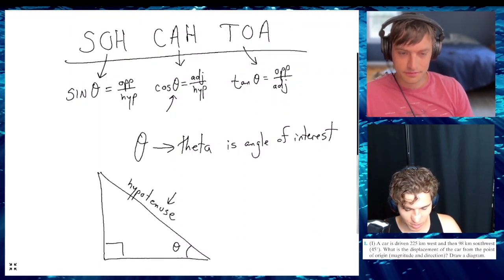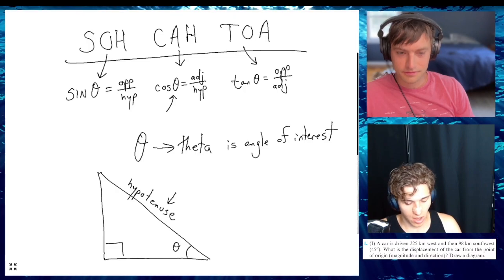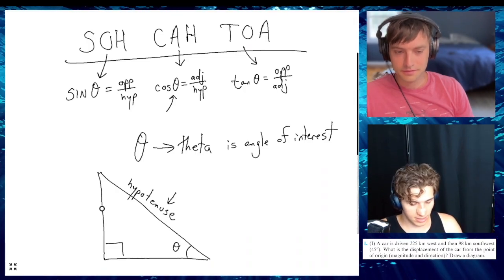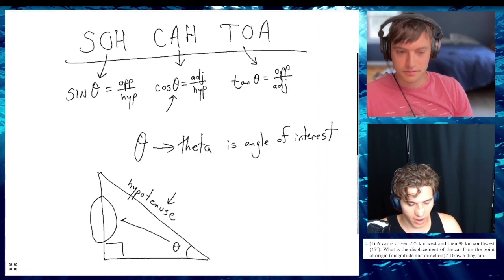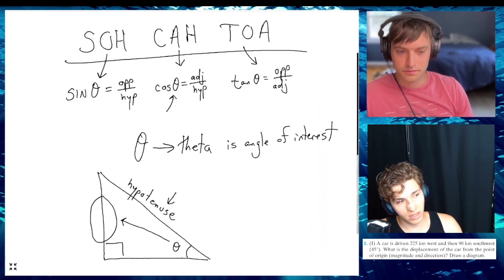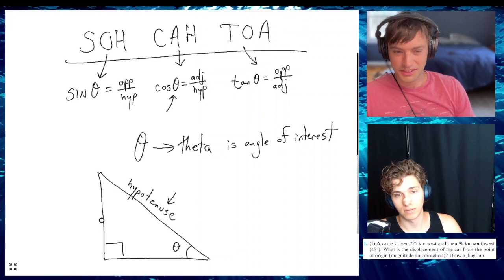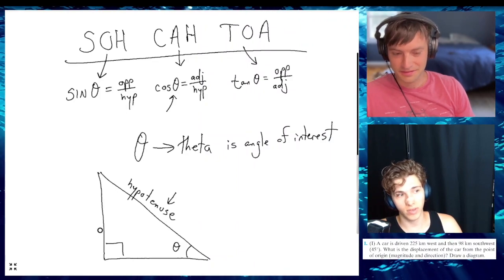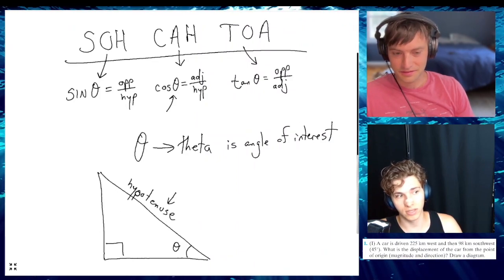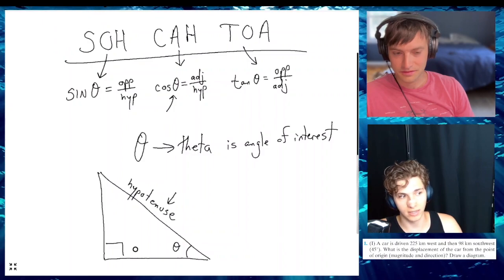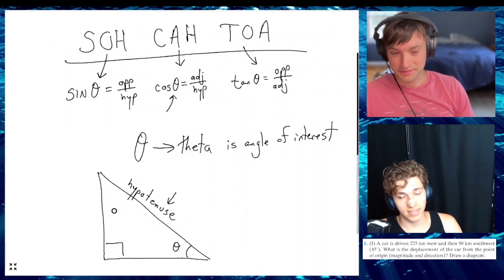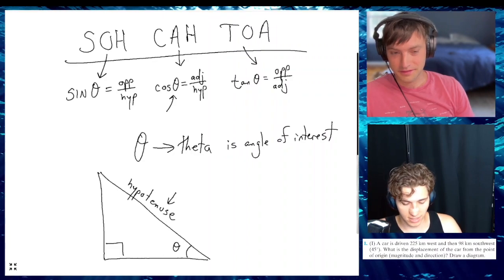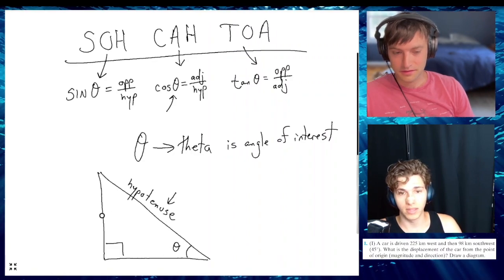A very memorable word, even though it's so weird. Now this side here is across from our angle theta. What are we going to call this side? I'll give you a hint. It's either the hypotenuse, the opposite, or the adjacent. Is that the adjacent? It's actually going to be the opposite because it's opposite from theta.